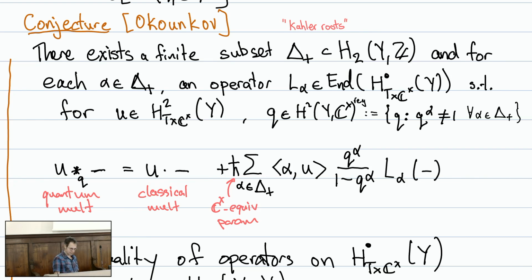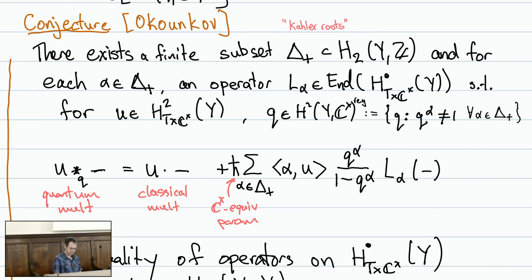The quantum correction has an h bar in front. What's h bar? It's the C star equivariant parameter, the generator of C star equivariant cohomology of a point. So this manifests the fact that if we were to get rid of the C star equivariant cohomology, that would be like setting h bar to 0, and then all this stuff would go away, and we'd just be left with the classical multiplication.